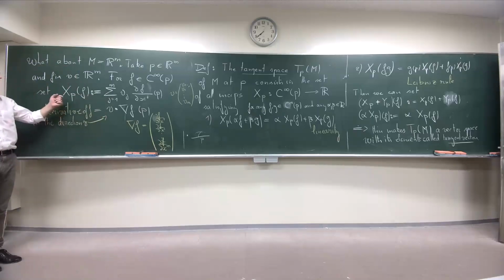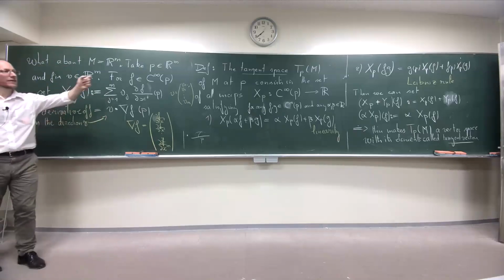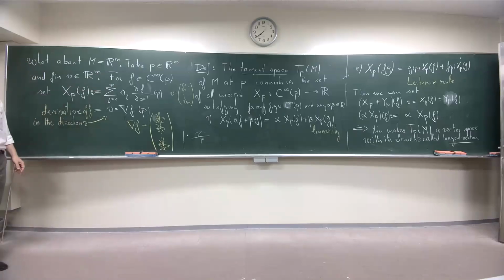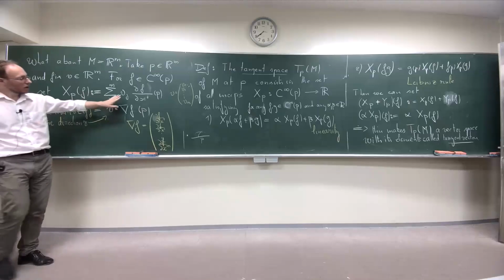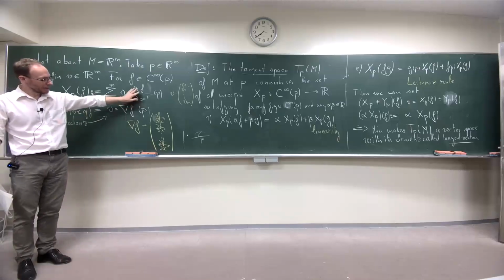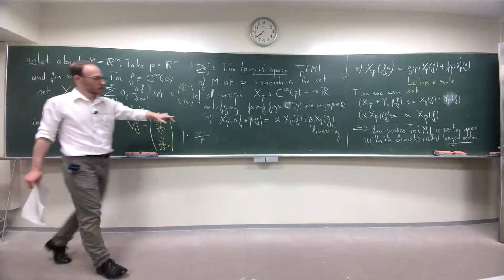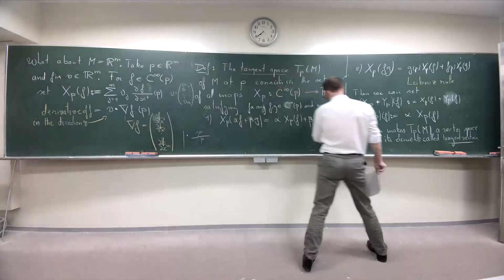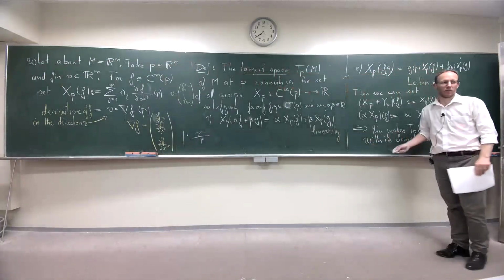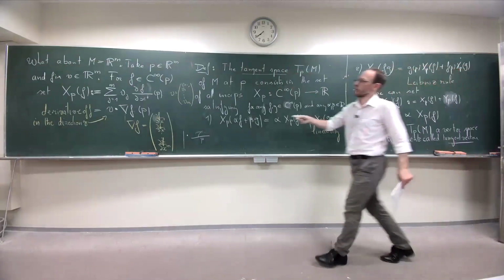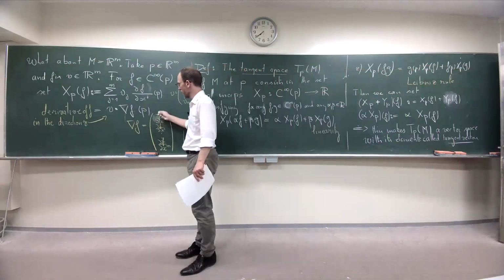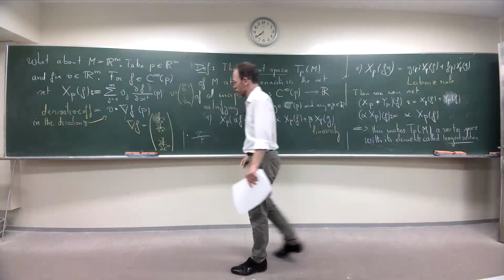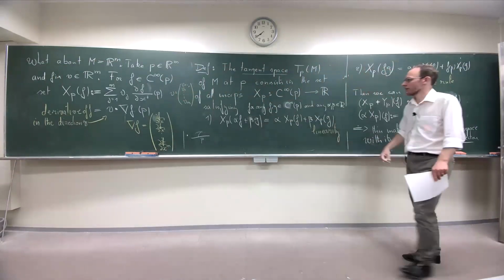Question: this is a definition. Does it satisfy the two conditions? Yes. If you write f plus beta times g, derivative is something linear, so you are going to satisfy this condition. You just take the properties of the derivative, it satisfies a good property, you get linearity.